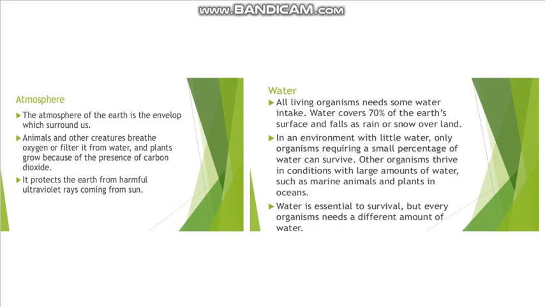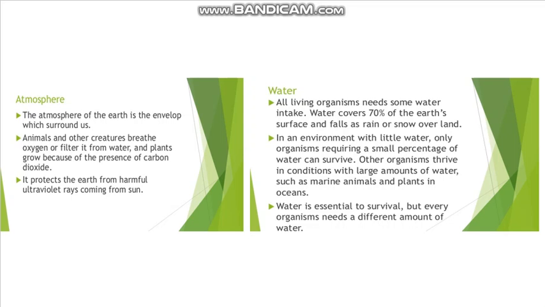Animals and other creatures breathe oxygen or filter it from water, and plants grow because of the presence of carbon dioxide. It protects the earth from harmful ultraviolet rays coming from the sun. Okay students, we know what the atmosphere is. It is the envelope. It means it covers us.